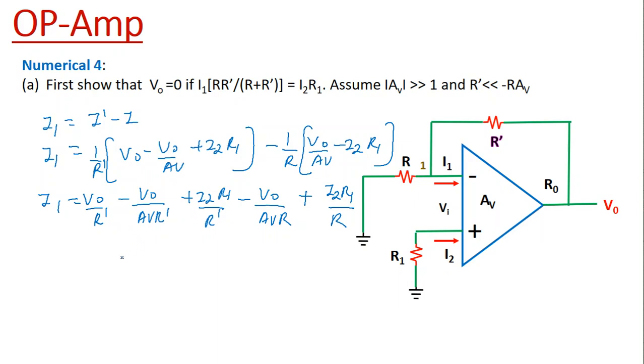Okay, now we separate the output voltage VO terms and I2 R1 terms together. We make them.